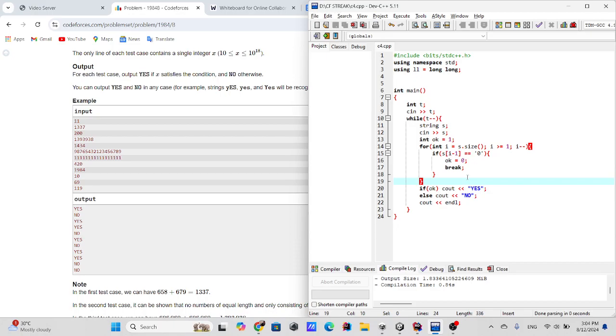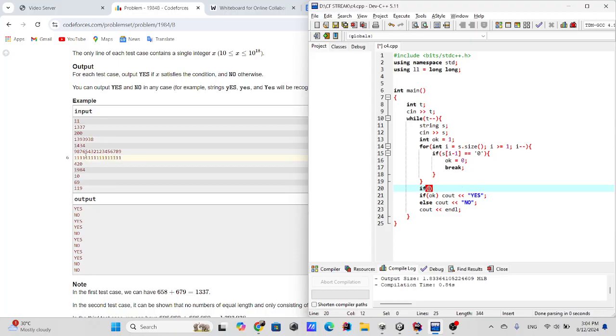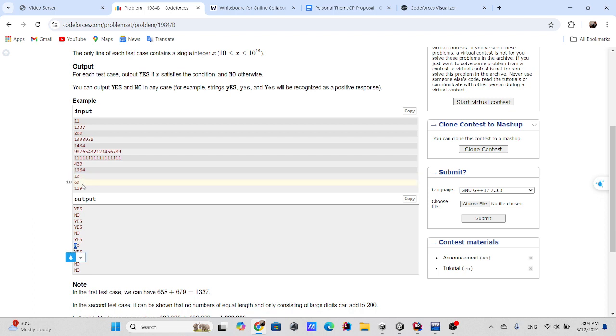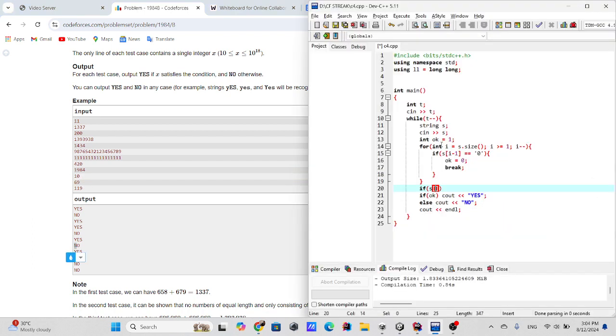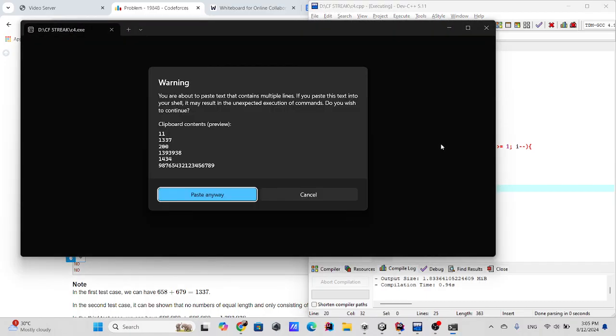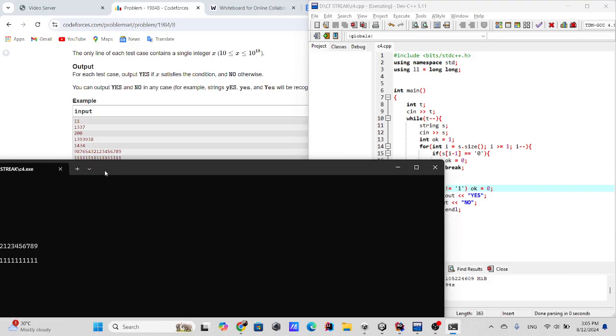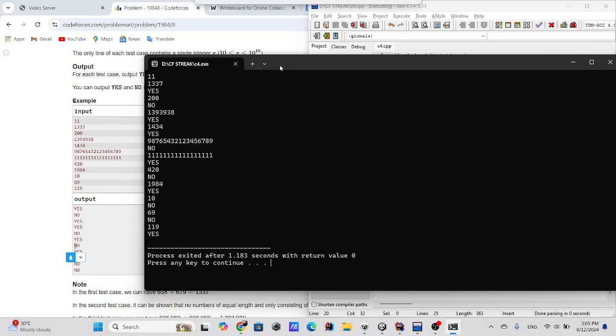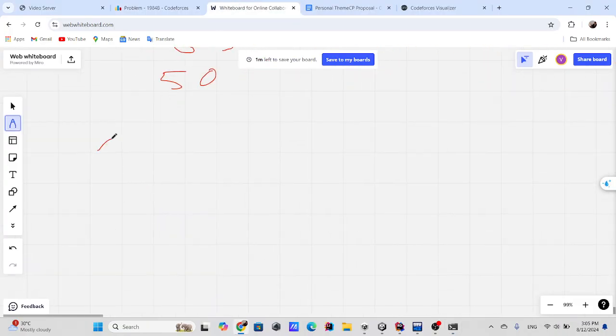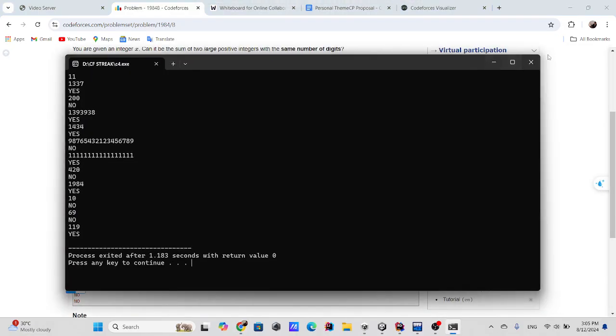Seven is also no. I think that I know where I'm wrong. 19 can be split. Okay, now I understand why.